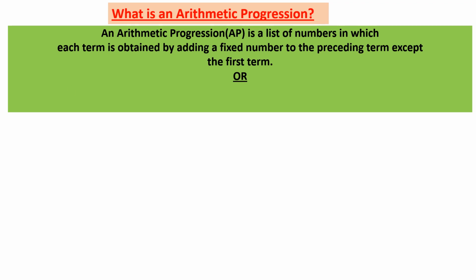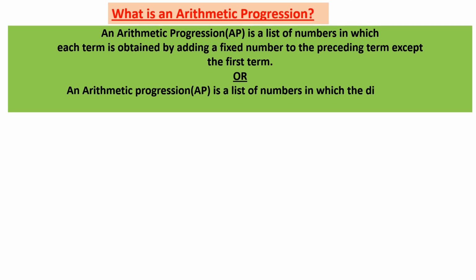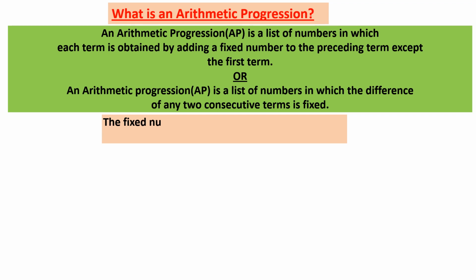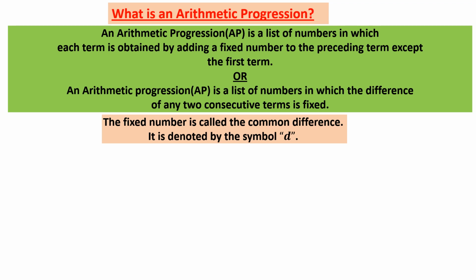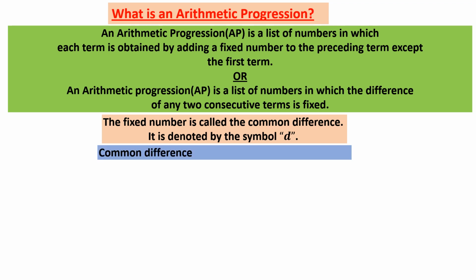Or there is another definition, an arithmetic progression or AP is a list of numbers in which the difference of any two consecutive terms is fixed. The fixed number, the difference, is called the common difference, and it is denoted by the symbol d. Common difference can be positive, negative, or 0.